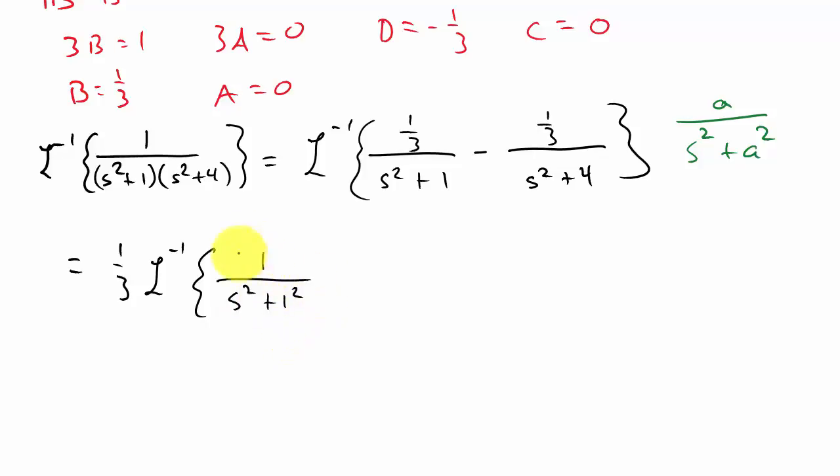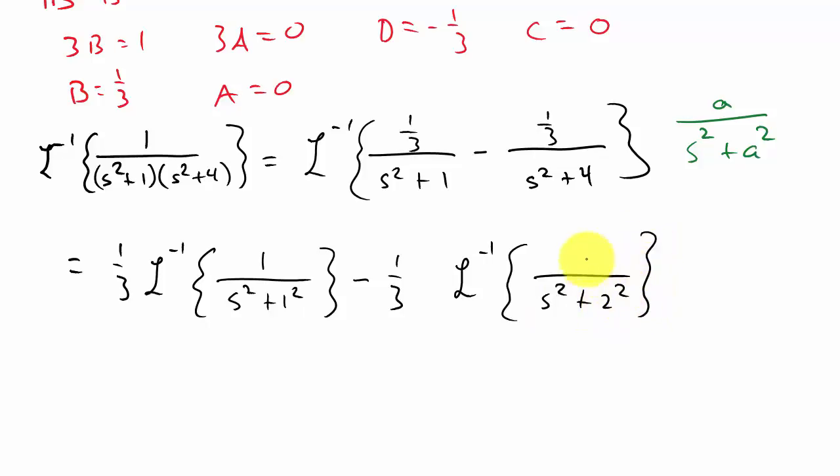So I need a 1 up here, and that's when you factor out the 1/3, that leaves you with a 1, minus, now here a is 2, so I need a 2 in this numerator, so I'm going to bring out this 1/3, and I have the inverse Laplace transform of 1 over s squared plus 2 squared. So I need a 2 up here, so since I multiplied by 2, I need to come out here and multiply by 1/2.